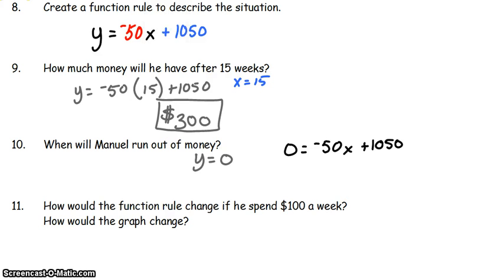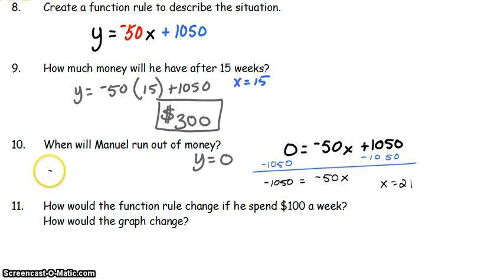Those are the algebra skills we learned at the beginning of the semester. Subtract 1,050 first. Negative 1,050 equals negative 50x. So when you divide both sides by 50, you get x equals 21, which means he will run out of money after 21 weeks. And you do need to have the labels because the problem has those labels in it.